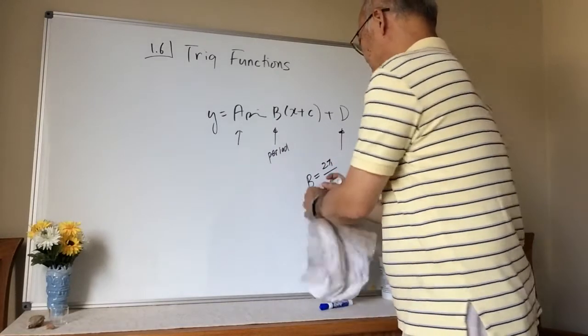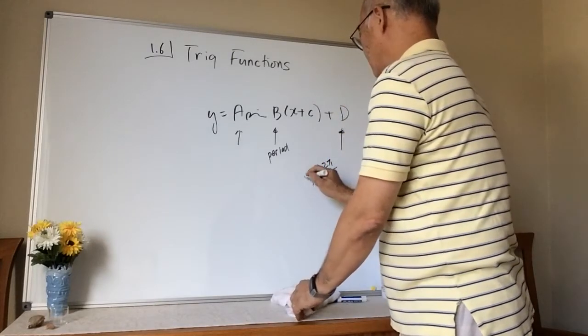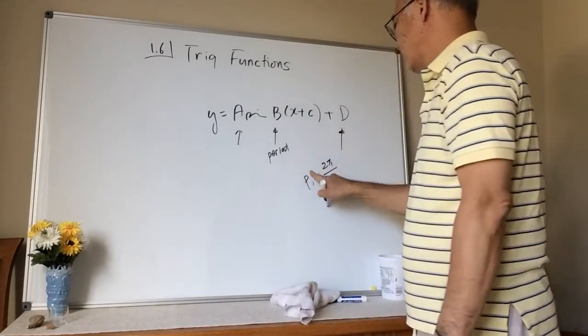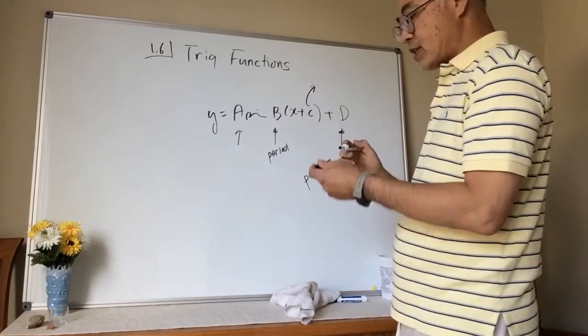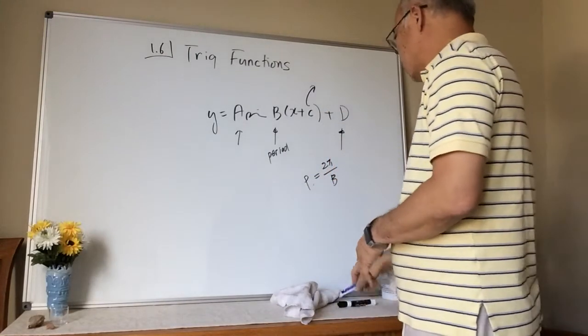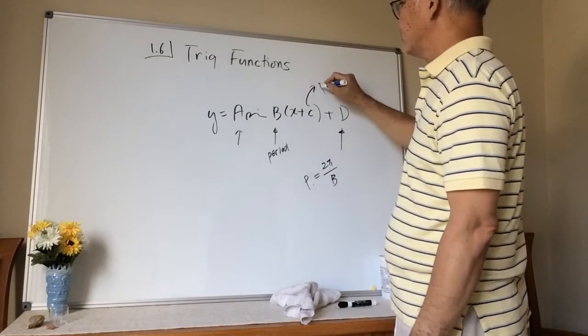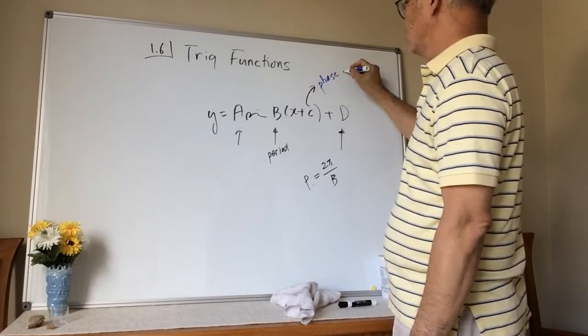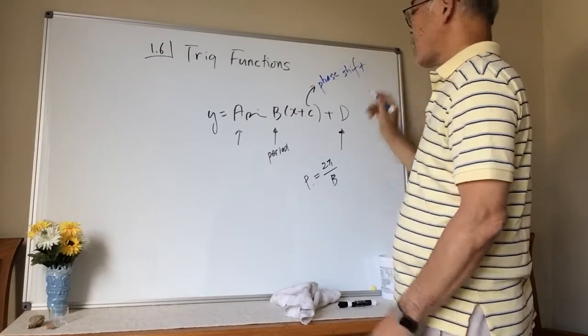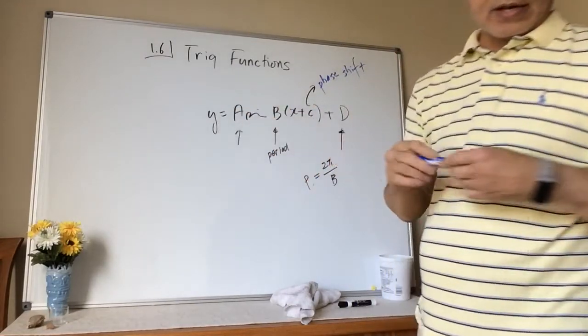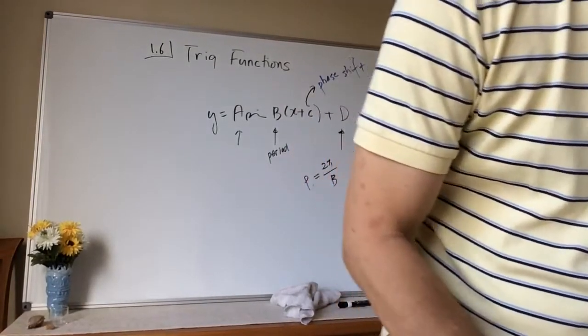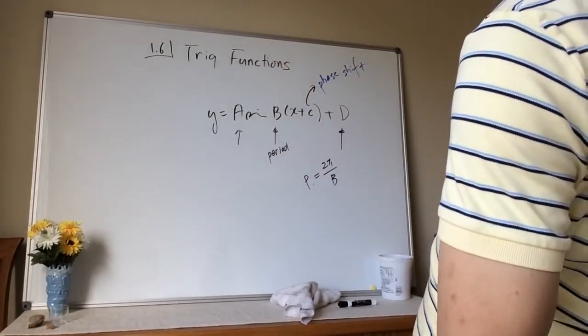And c, if you remember correctly, we had a special name for this. This was called the phase shift. So this shifts the graph horizontally to the right or to the left, okay? So those were what we had.